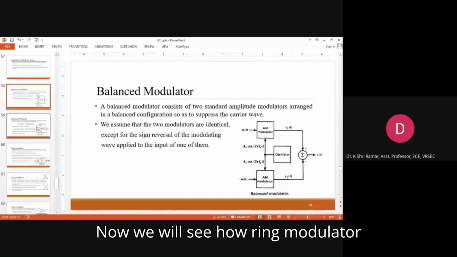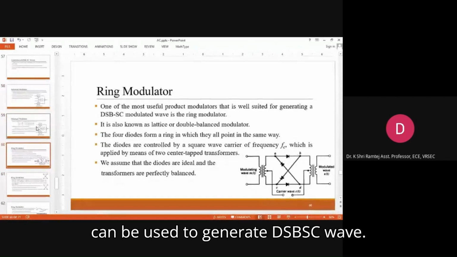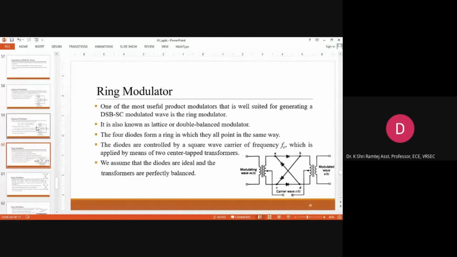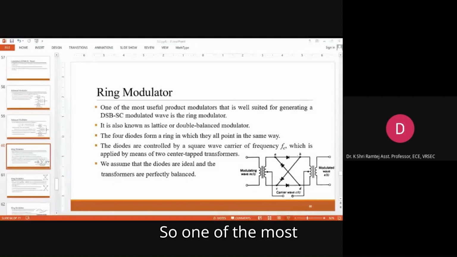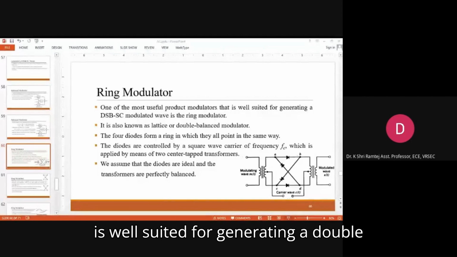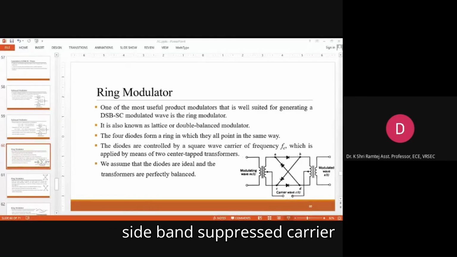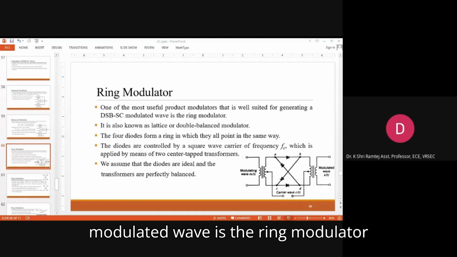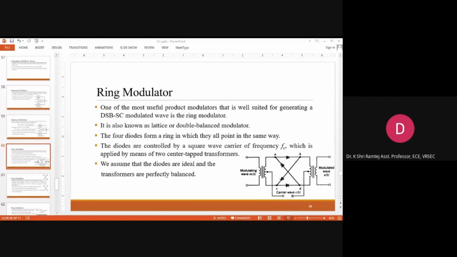Now we'll see how a ring modulator can be used to generate a DSBSC wave. One of the most useful product modulators that is well suited for generating a double sideband suppressed carrier modulated wave is the ring modulator.